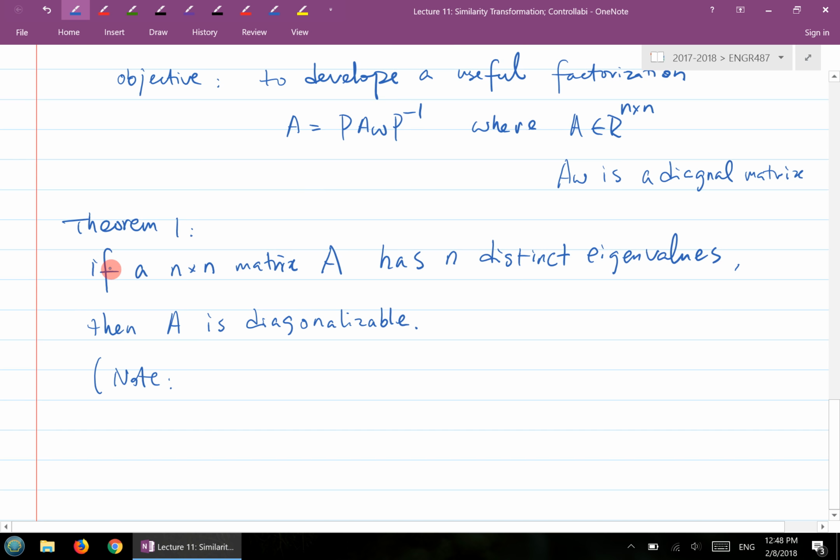This is an if-then statement. So this theorem is essentially just a sufficient condition, not a necessary condition.